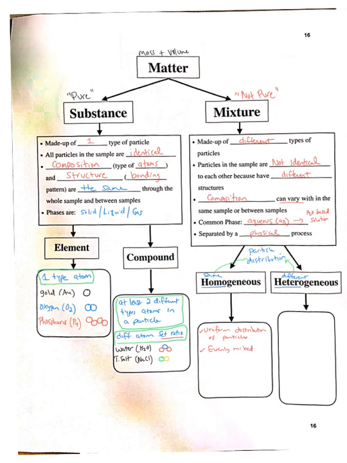Where heterogeneous, hetero means different, means we have a different type of distribution. So here there is no uniform distribution of the particles. It's unevenly mixed.